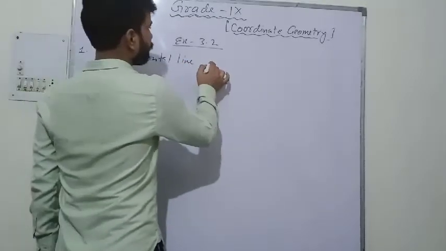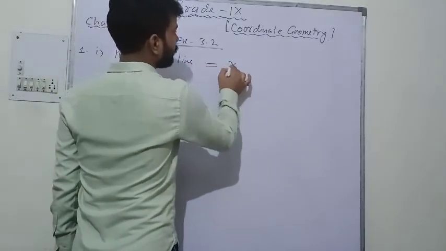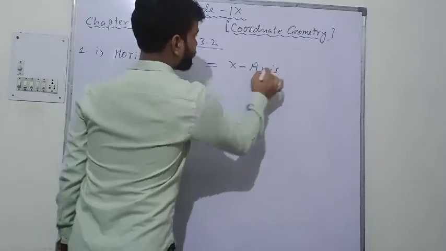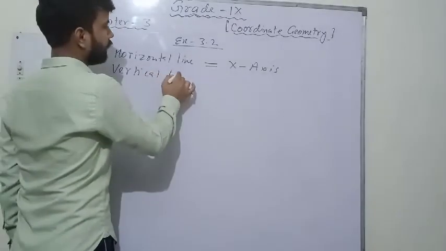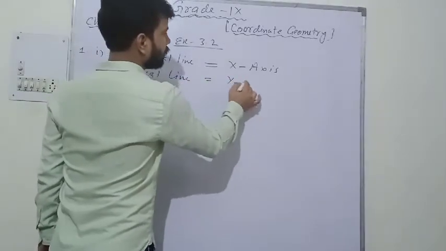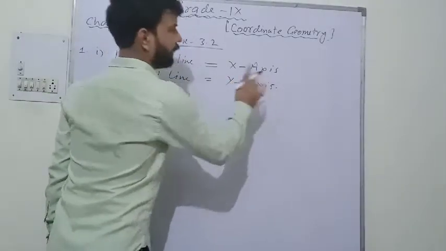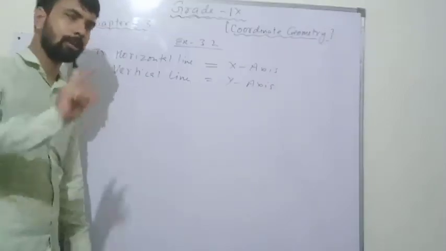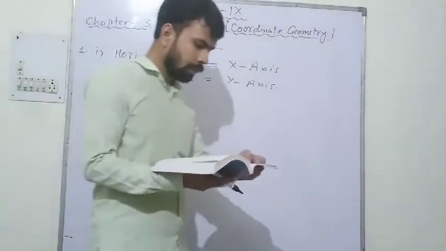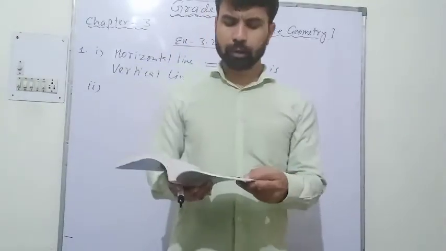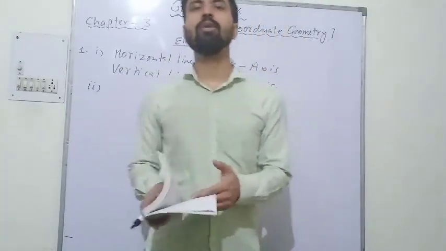line is known as x-axis and vertical line is known as y-axis. This is the answer for first part. Now the second part is what is the name of each part of the plane formed by these 2 lines.